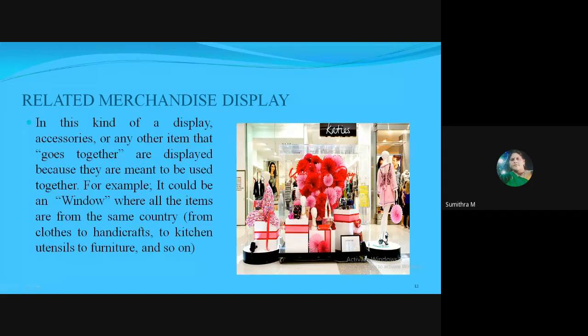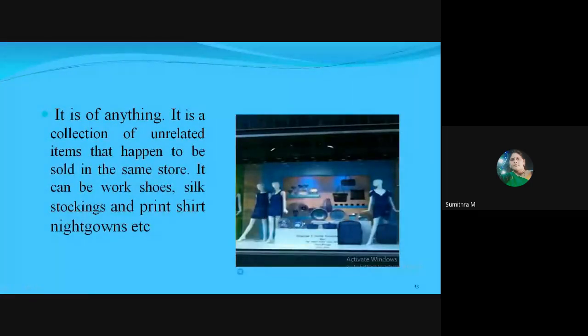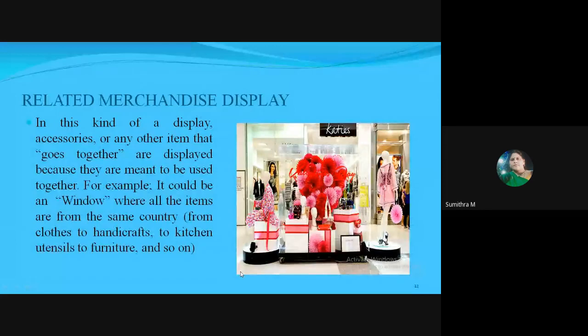So if you are going to purchase a garment, all the garment-related accessories can also be purchased in the same place. That is named a related merchandise display.